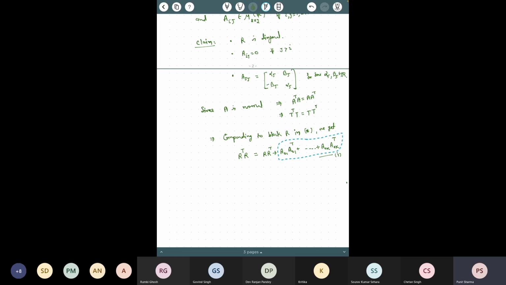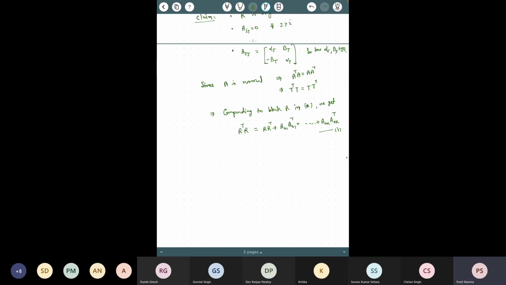Right? Now, can you think of some idea so that we can show that these terms are 0 using some well-known matrix result or some other things?